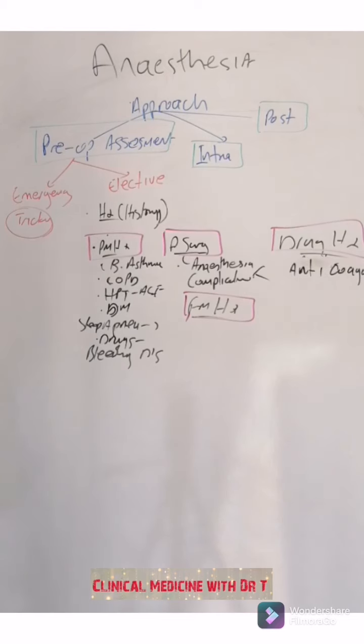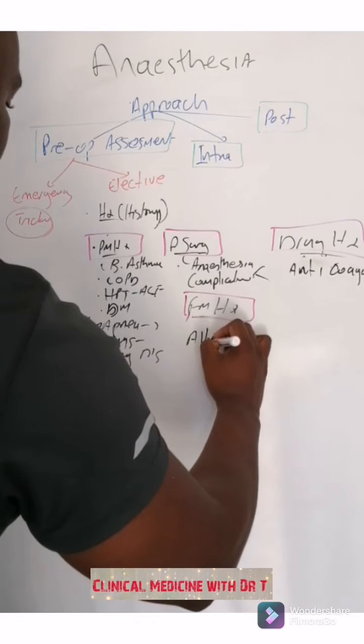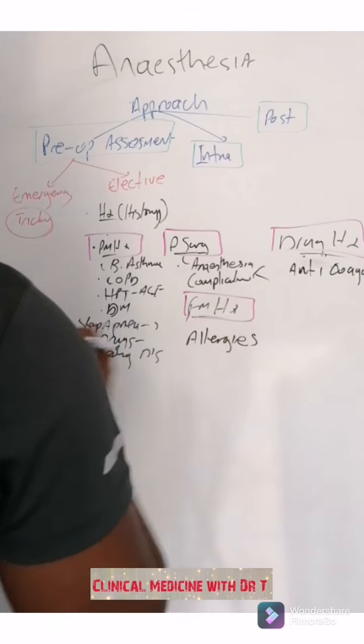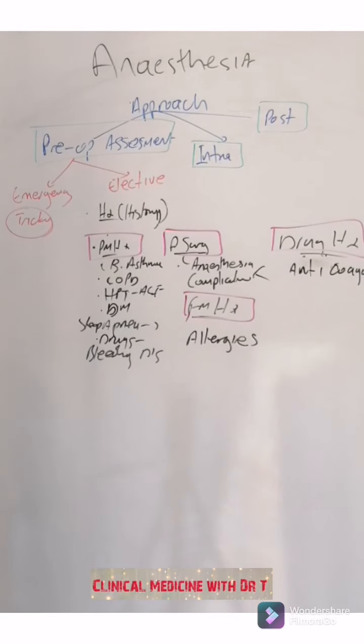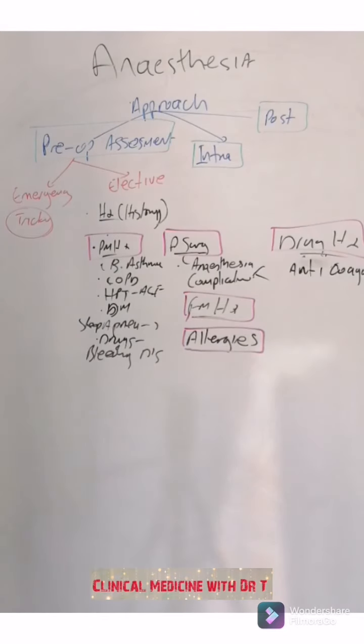Another thing that you want to talk about is allergies. What kind of allergies does the patient have? Remember the story around eggs and peanuts with propofol, and also other allergies. If a patient tells us that I'm allergic to Brufen, it means you won't use Brufen post-op.